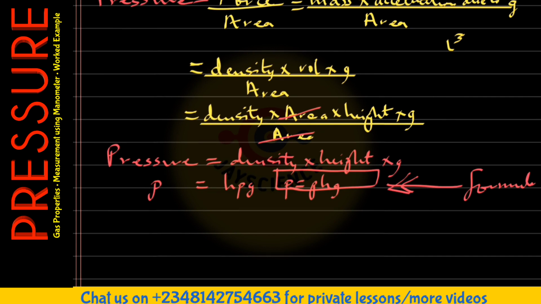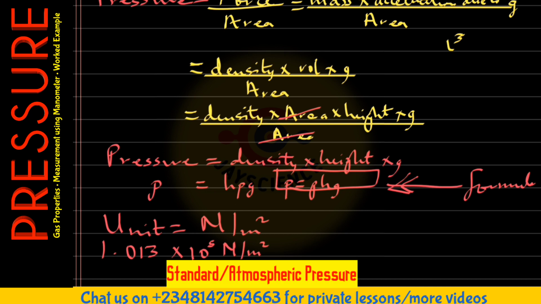We have to describe pressure in terms of units. So the unit of pressure is Newton per meter squared. 1.013 times 10 raised to the power of 5 Newton per meter squared is equivalent to 1 atm.